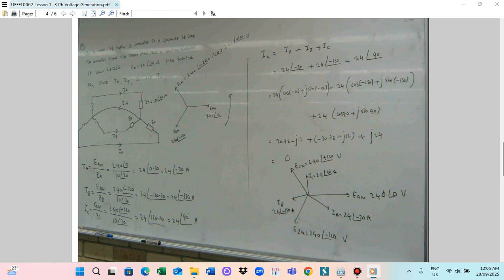So now we use the formula and then we will draw the phasor diagram. Firstly we draw the VAN. VAN is 240 angle 0 degree volt. So this is the VAN.